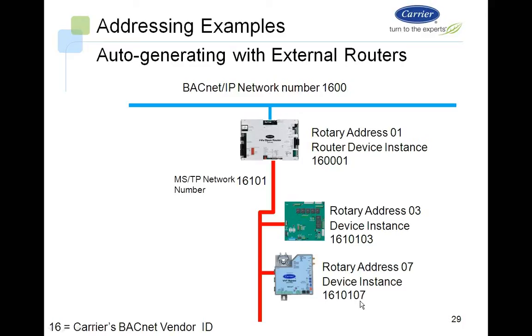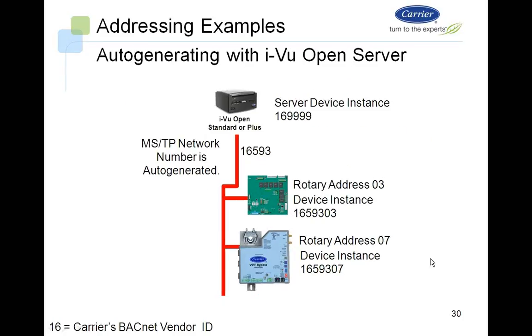When you have the open server, the server itself has a device instance of 169,999 by default. As we indicated, the MSTP network number using the USB adapter is auto-generated, so it could be something like 16593, and this will be communicated to these controllers.